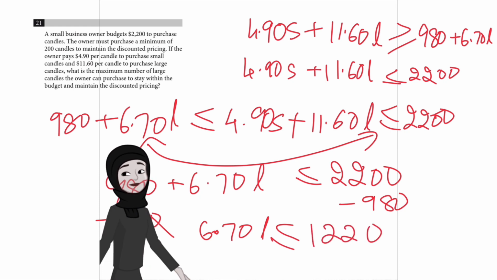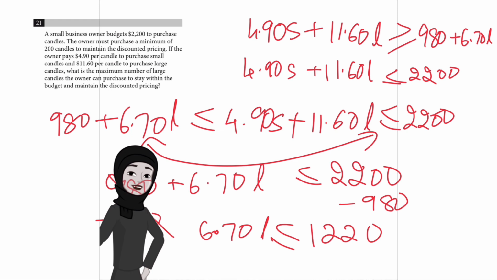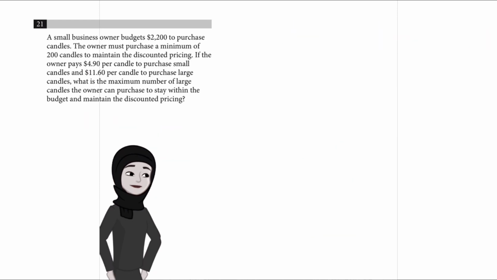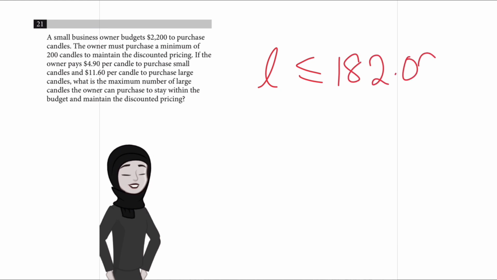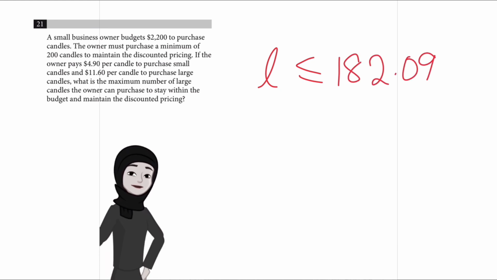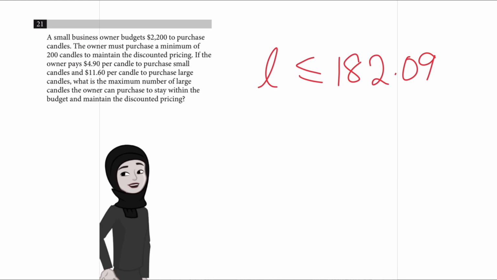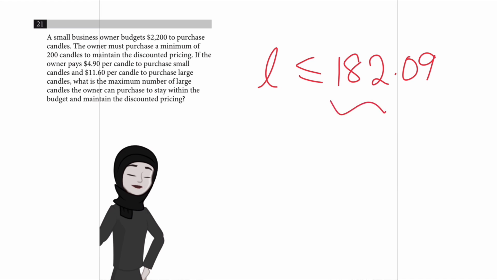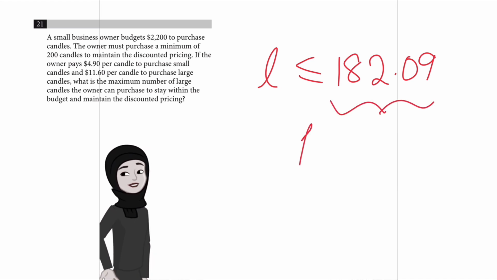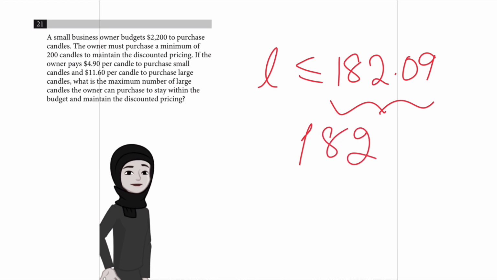Now we just divide both sides of this inequality by 6.7. This will yield L is less than or equal to 182.09. Since the number of large candles the owner purchases must be a whole number, the maximum number of large candles the owner can purchase is the largest whole number less than 182.09. So the largest number will be 182.